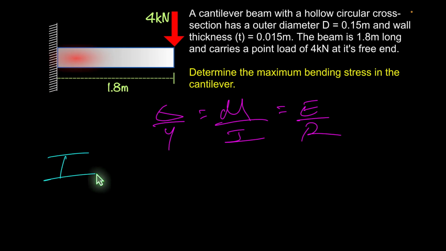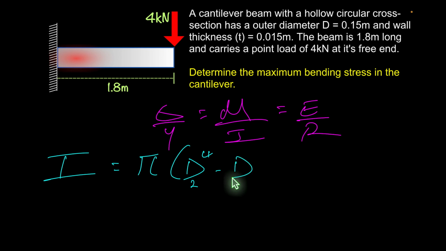So the I in the formula represents the second moment of area of a tube, and the formula for that is pi multiplied by d2 to the power of 4, that's the outer diameter, minus d1, the inner diameter, to the power of 4 again, all divided by 64.